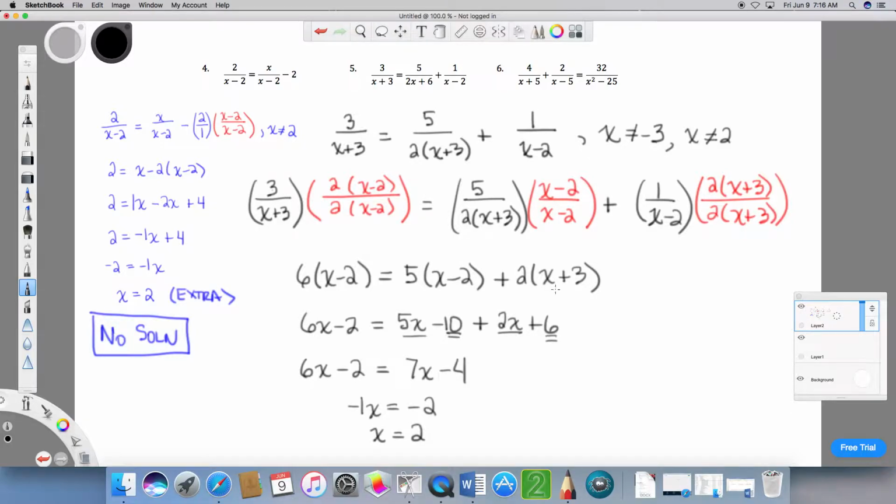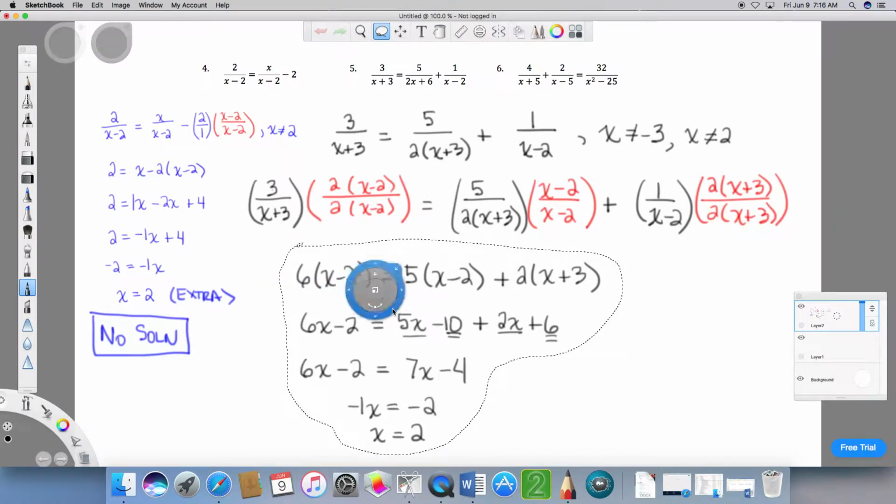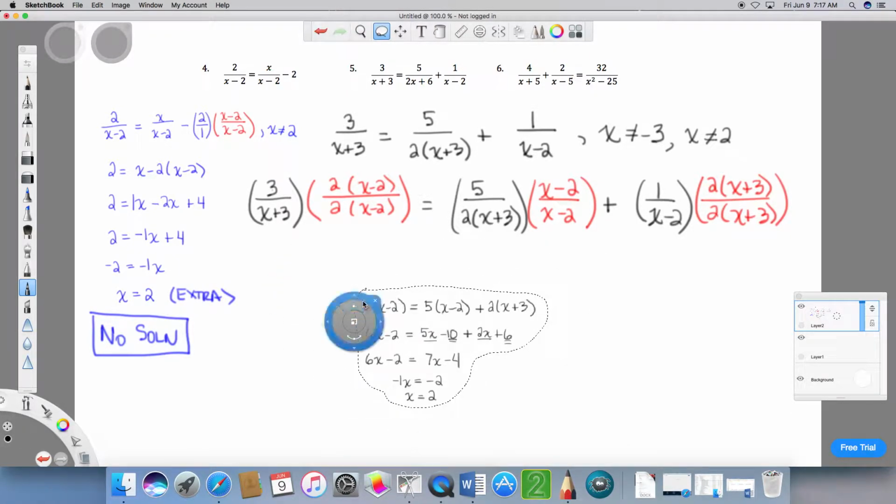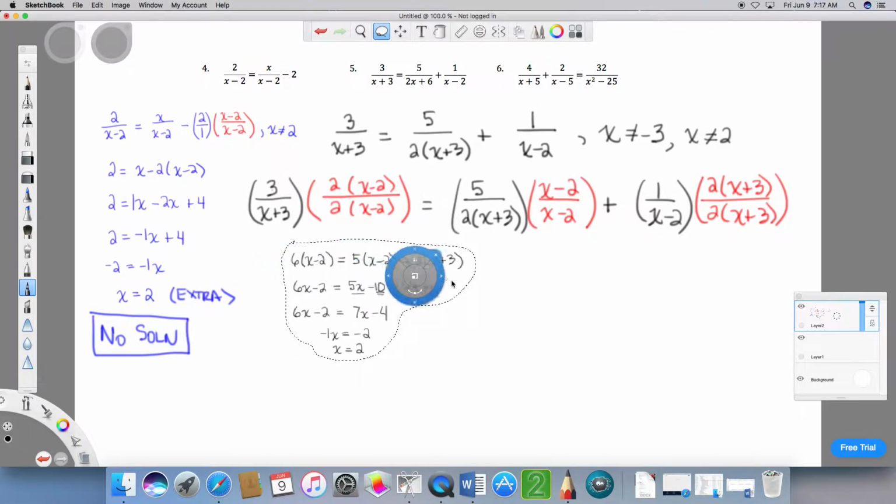But remember, we said that there's no way that x could equal 2 because it would cause division by 0. So although x equals 2 is a solution to this equation that resulted after we cleared the denominator, it's extraneous with respect to the original equation. So we have another no solution answer.